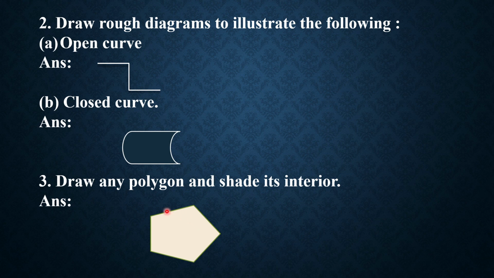So this is the polygon. A polygon will have 3 or more sides. Here 1, 2, 3, 4, 5, it is a pentagon. So as of now, if they ask you for any polygon, you can construct a closed curve with only line segments and shade it. You can draw one triangle and shade it, or one square and shade it. That is called a polygon, and it will have only line segments.